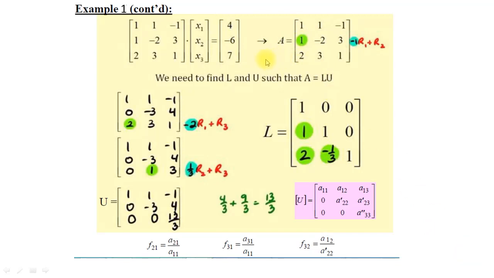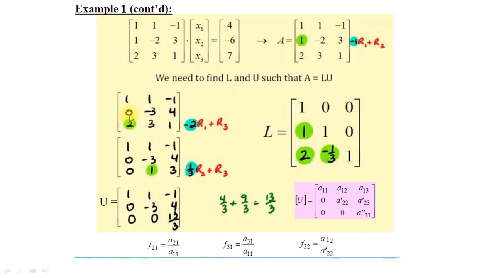So in the echelon form, at this position we need 0, at this position we need 0, and at this position we need 0. So for this position, to make this number 0, subtract the first row from the second row, we obtain 1 1 minus 1, 0 minus 3 4, and 2 3 1.